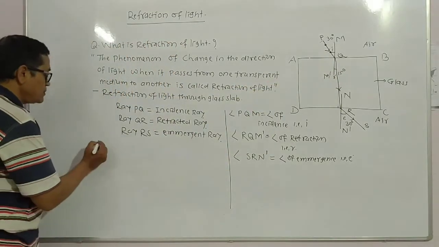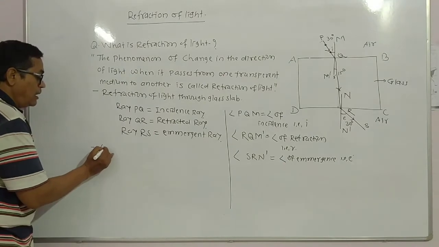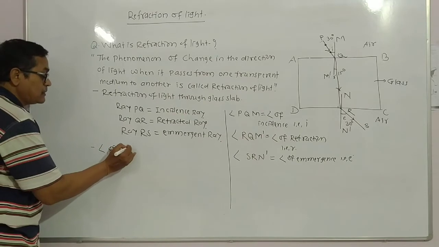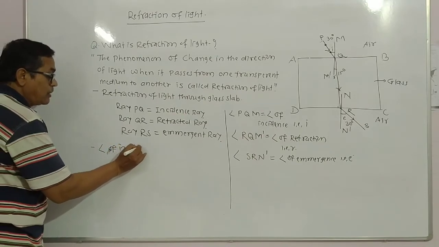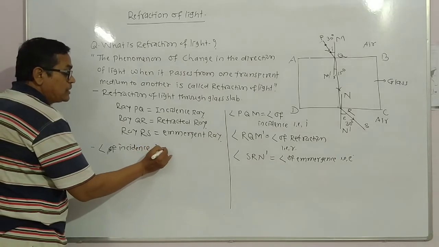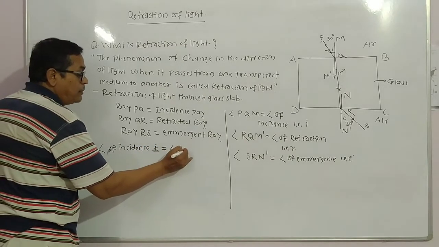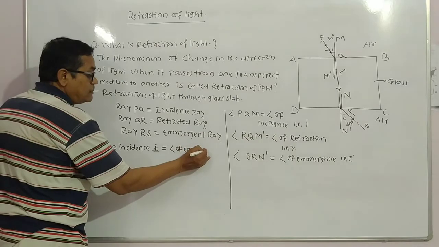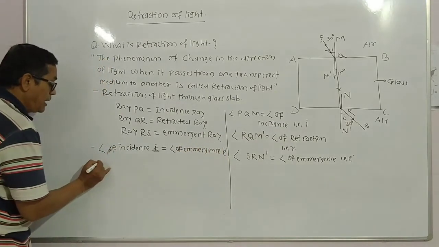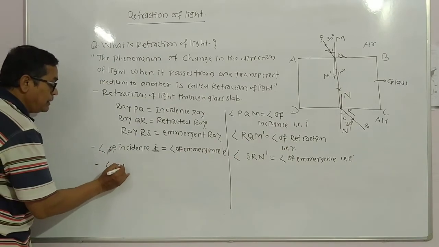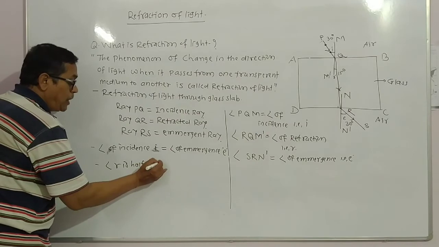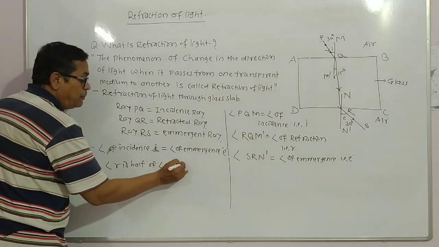Look here, angle of incidence i is equal to angle of emergence e, and angle r is half of angle of incidence i.